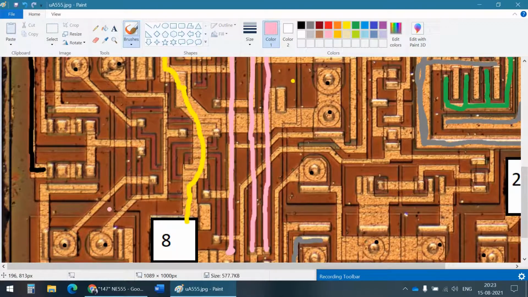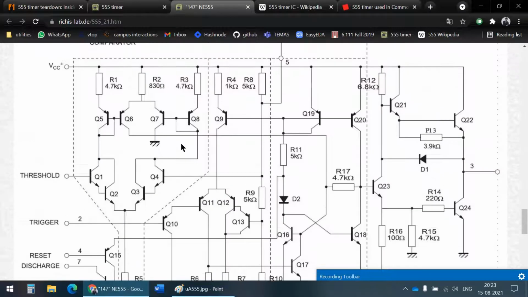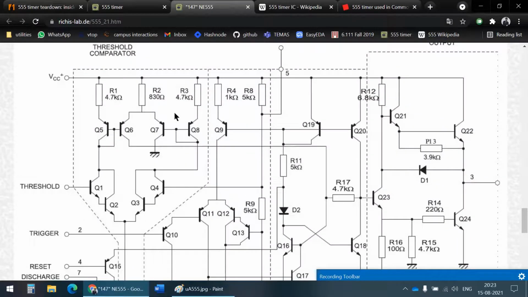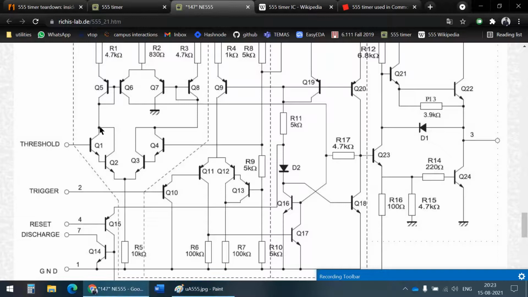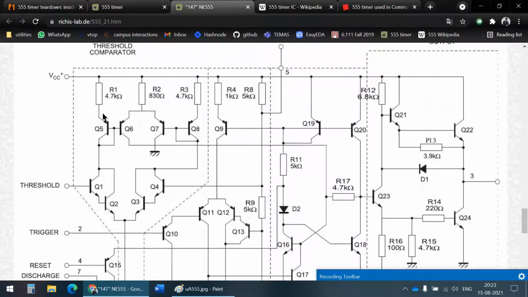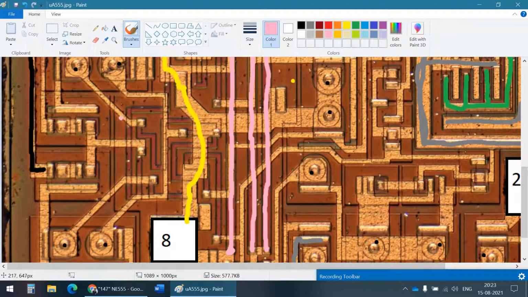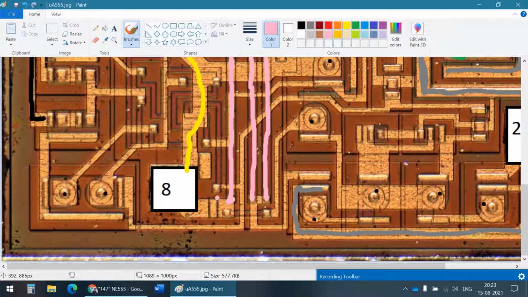These I would say are the current mirrors. I would say these four, Q5, 6, 7, 8. They seem to be connected to a resistor and then connected to VCC. You can see these, right. These resistors then would be connected around here to VCC. Here, here.